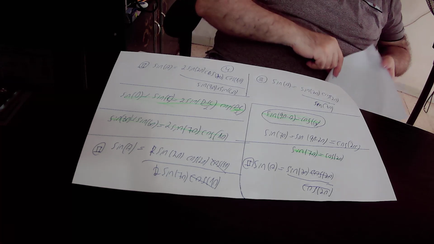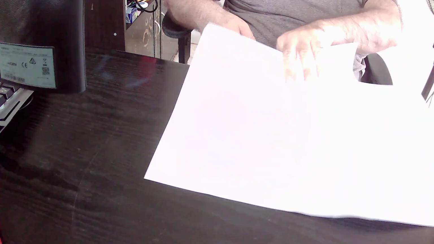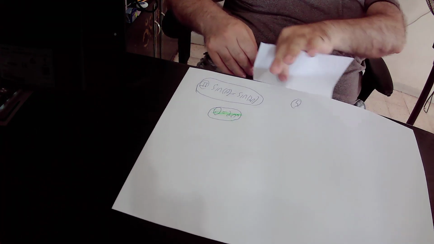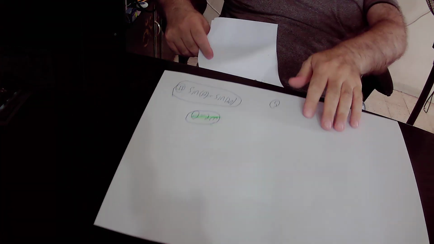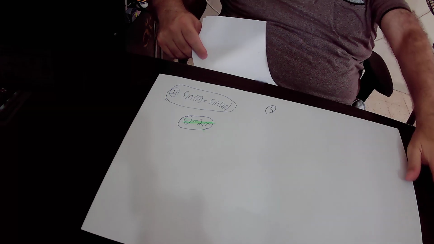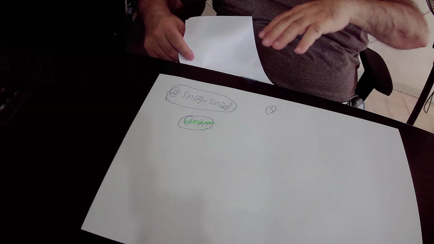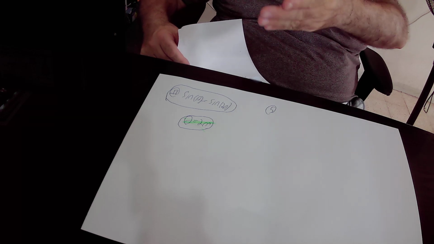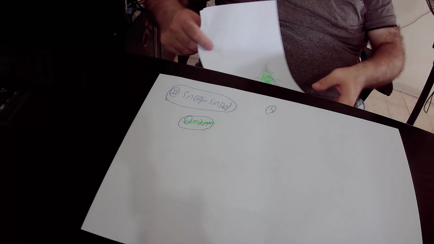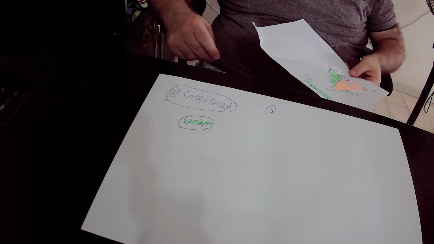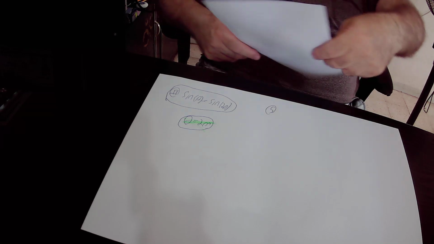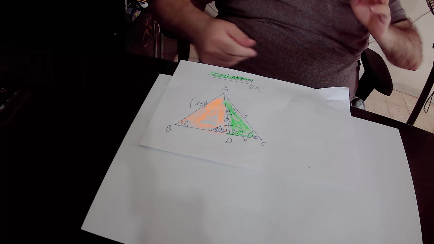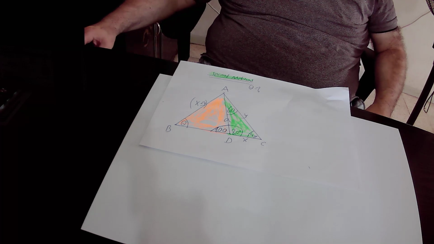Finally, according to equation number 2, sin theta equals sin 20 degrees, and we have the identity that if sin alpha equals sin beta, then alpha equals beta. Therefore, theta equals 20 degrees. So in both methods, we found that the value of this angle theta is equal to 20 degrees. Okay, thank you very much.